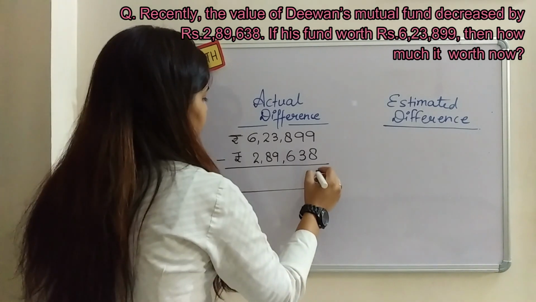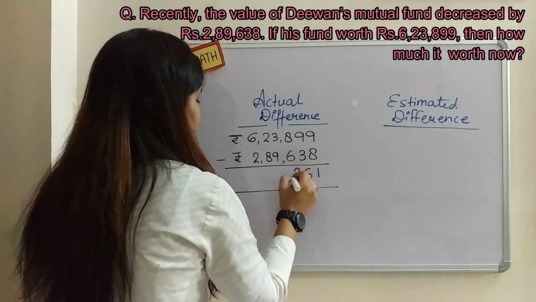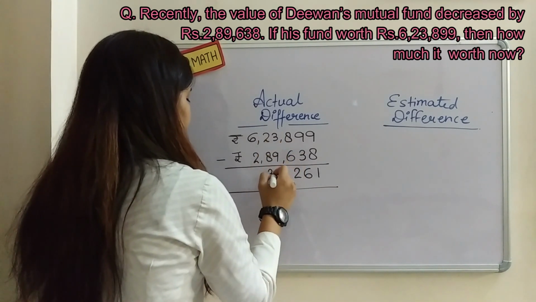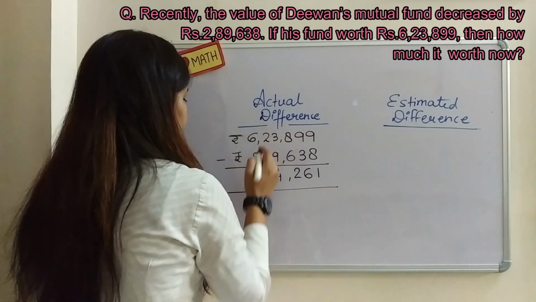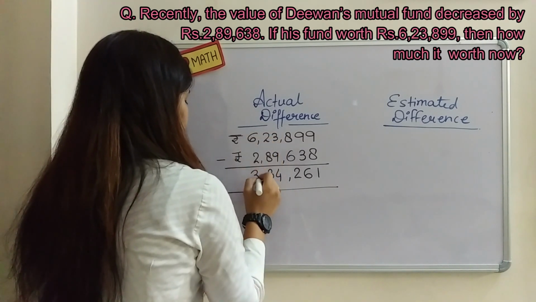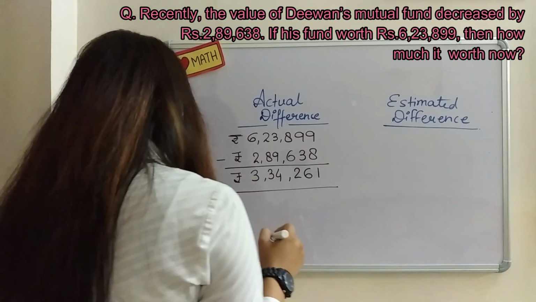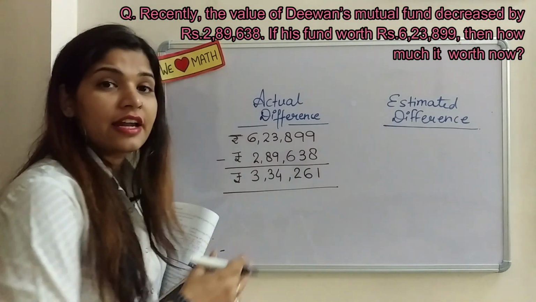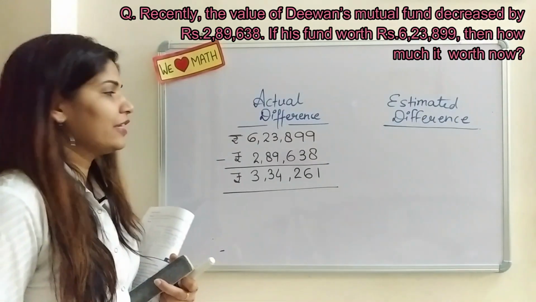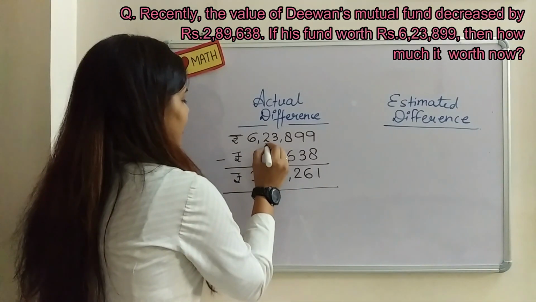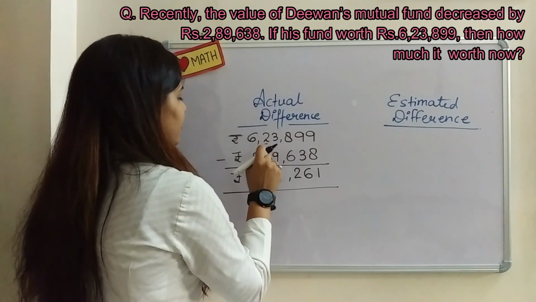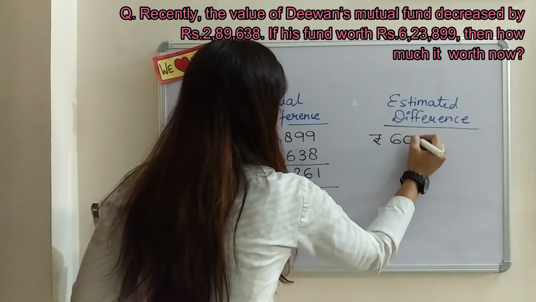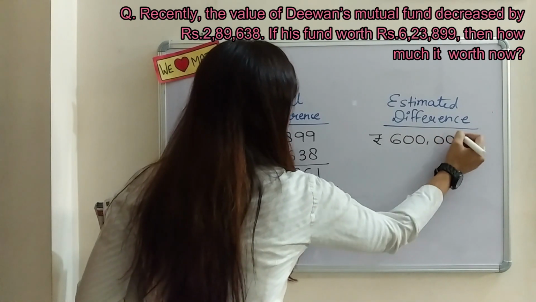It will be 3,34,261, and the estimated difference will be, now children the figures are in lakhs, so we need to round off to the lakh values. As we can see, this is a weak number, so it won't shift 6 anywhere, so it will remain 6 lakhs.